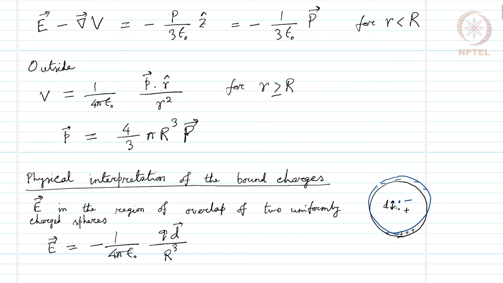And in terms of polarization, we can write that the dipole moment q d is 4 over 3 pi R cubed times the polarization vector P. So the electric field becomes minus 1 over 3 epsilon naught times the polarization vector.